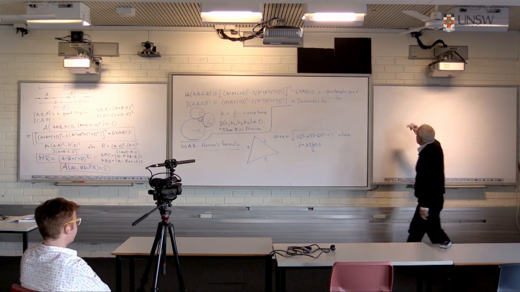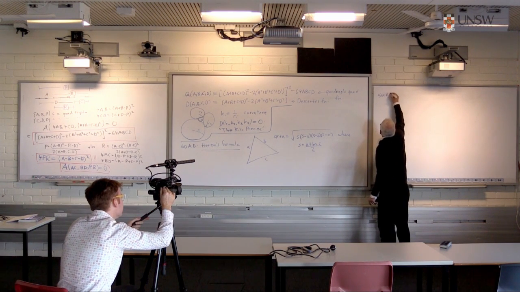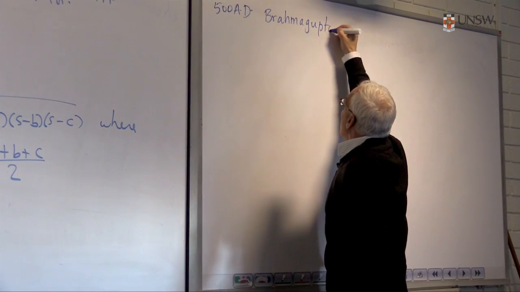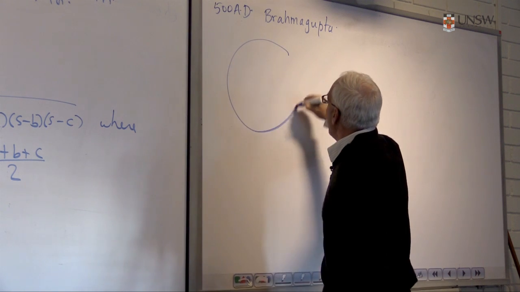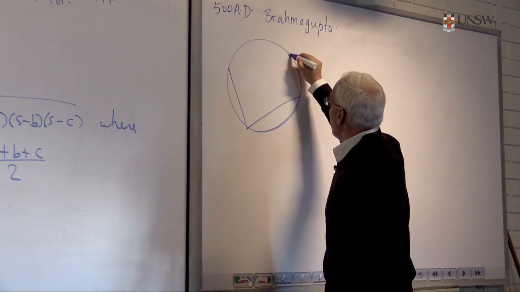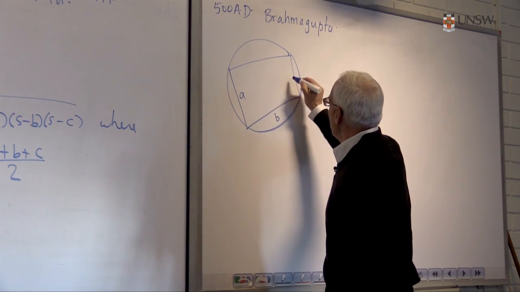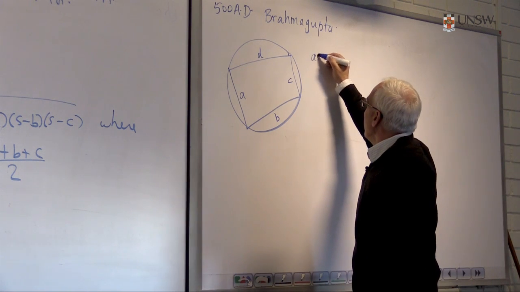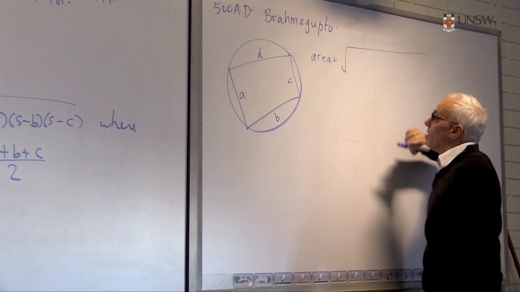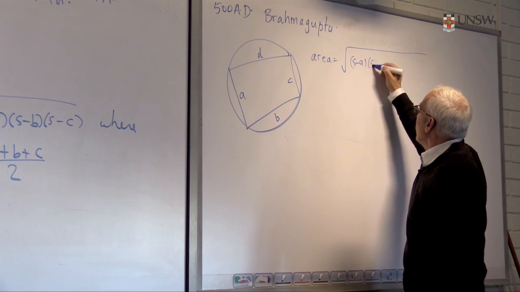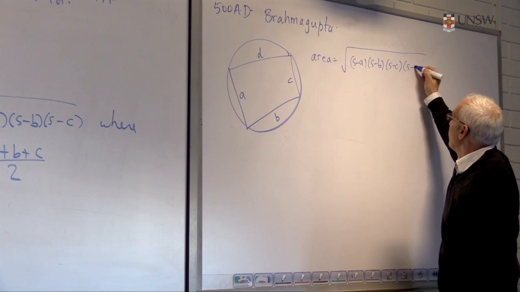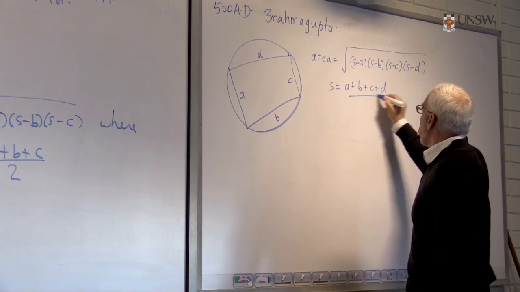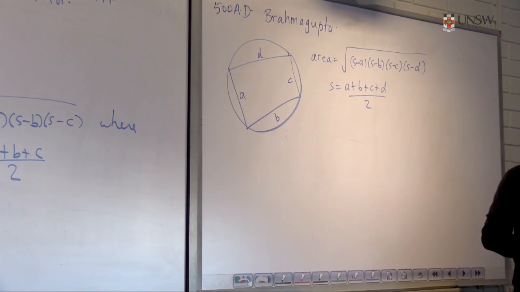Okay, now we move forward to maybe 500 AD, to the Indian mathematician Brahmagupta, who investigated a similar situation where we have a cyclic quadrilateral with side lengths A, B, C, and D. Brahmagupta's formula is that the area is equal to the square root of (S minus A) times (S minus B) times (S minus C) times (S minus D), where S is again the perimeter divided by 2.